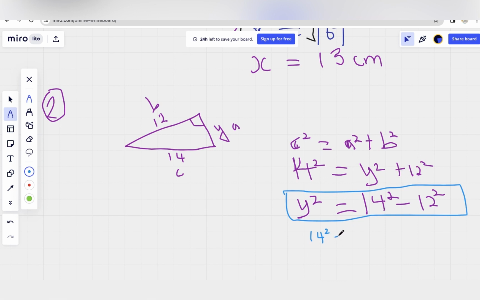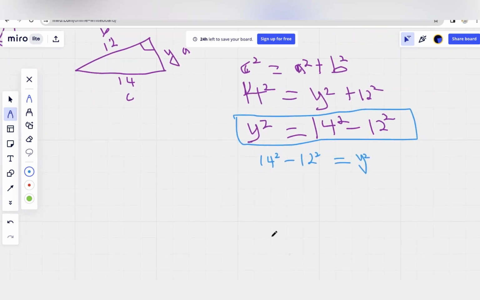It becomes minus 12 square, which is equal to y square on the right. If you look at it, see the same thing. But for the purpose of clarity, that's why I quickly have to show you what it is.